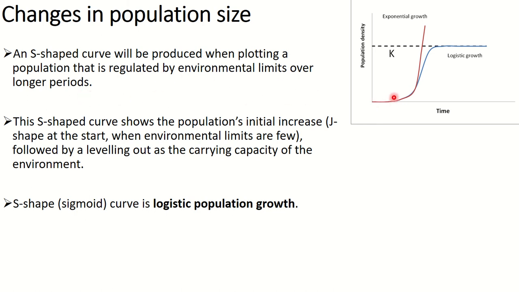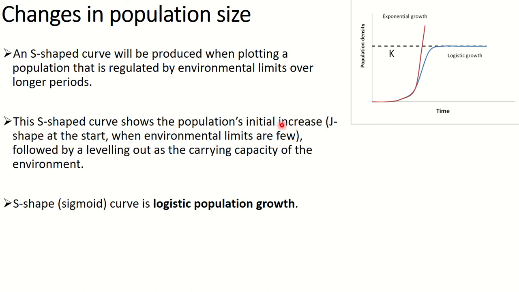So as time goes by and you start to get this J shape over here, there are many factors that influence the growth of the population, and the population starts to slow down and then it starts to plateau. And at that point, you get an asymptote. You get the balance between the carrying capacity of the environment and the number of organisms that can be maintained. So you get that shape over there.